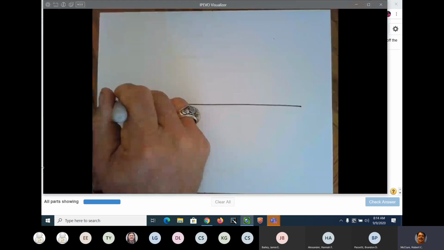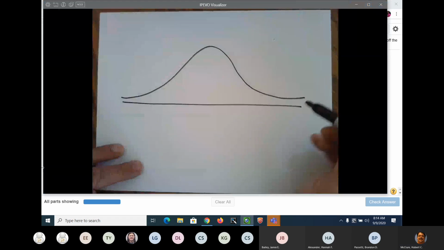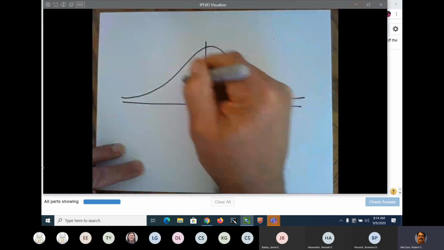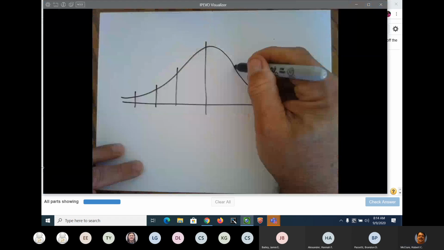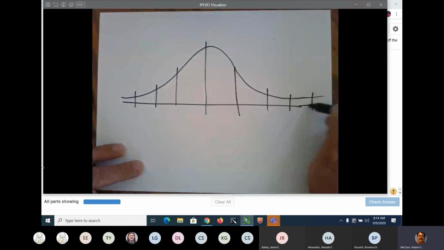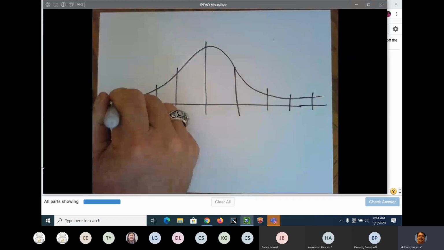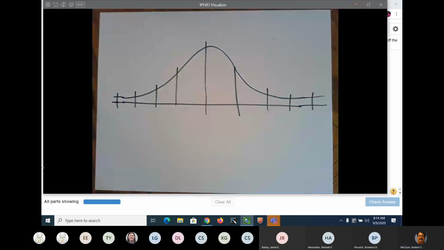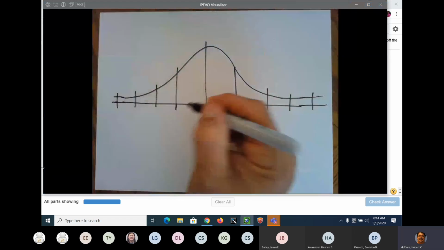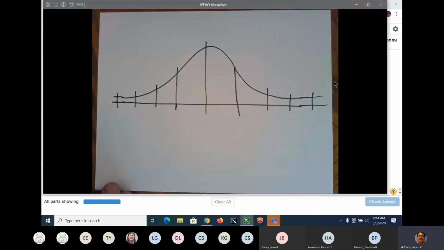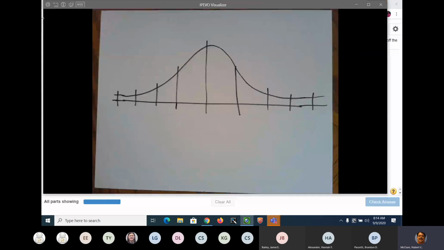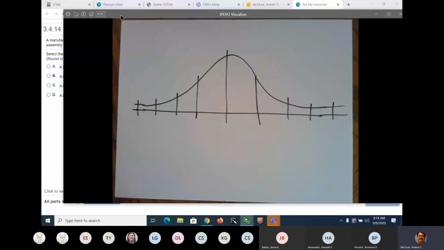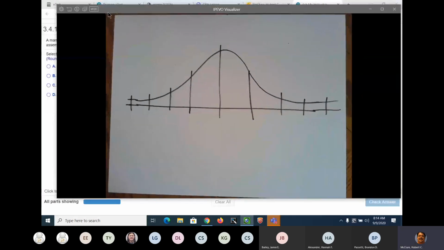This is not the question I was wanting to show you, but it'll do for right now. I got to add another standard deviation because the question says 4 standard deviations. Okay, so let's go back to the mean. Move this over a little bit, make it smaller.